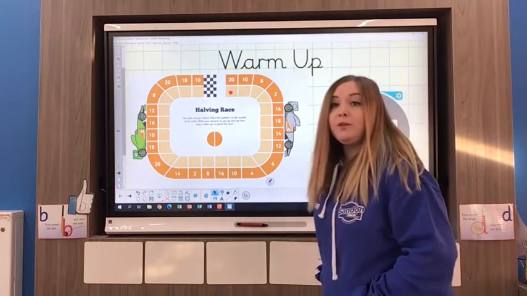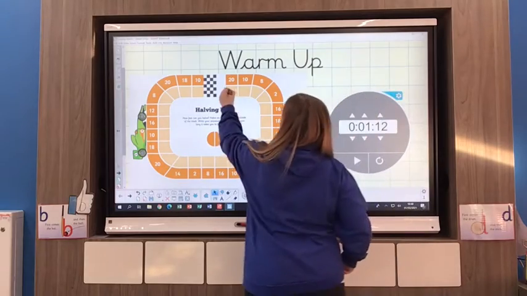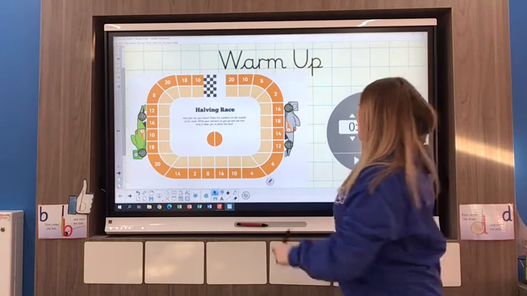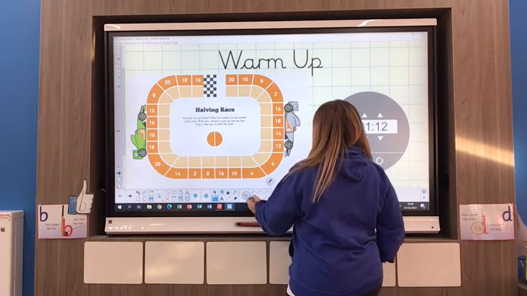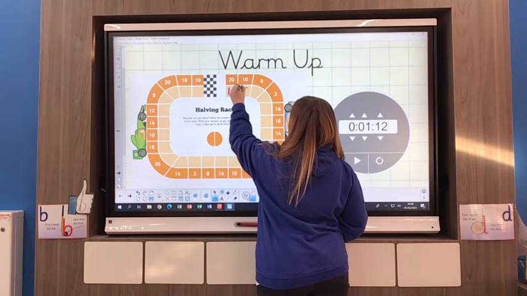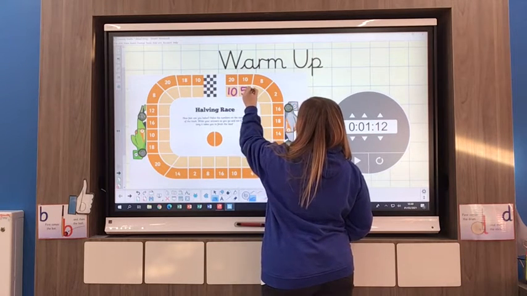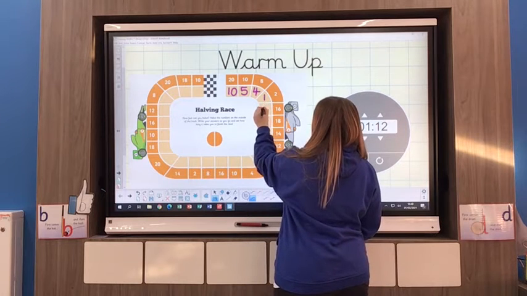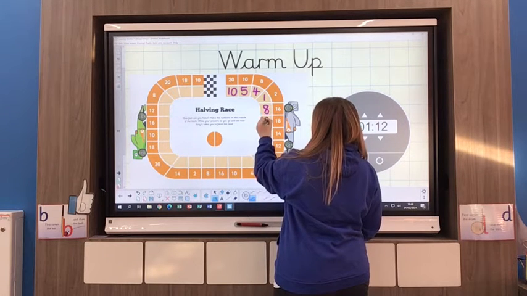So before we move on to today's learning, let's just remind ourselves of how we halve. Half of 20 is 10. Half of 10 is 5. Half of 8 is 4. Half of 2 is 1, and I'm going to work my way all the way around.